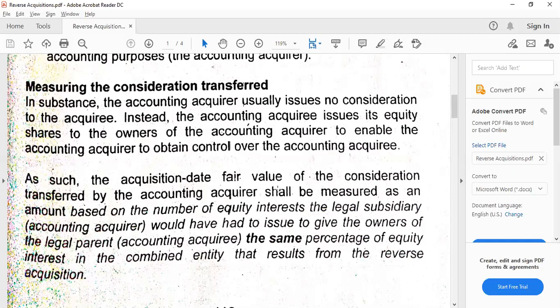In this case it is the public entity, because remember the public entity is arranged to issue shares to acquire the private entity, for the private entity to become public. So the private entity then is the legal subsidiary or acquiree, but is the accounting acquirer or parent, because it makes the negotiation and it has the intention to really have the acquisition.